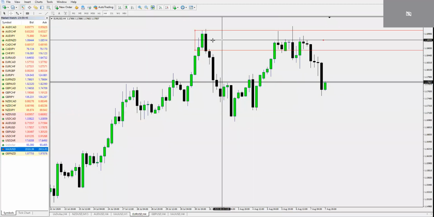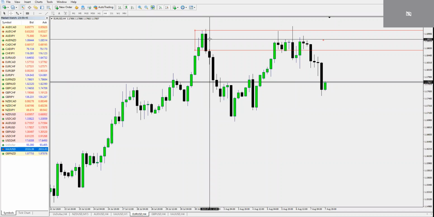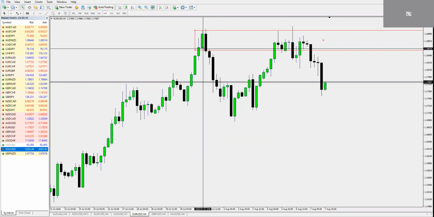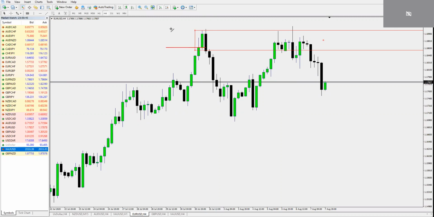But what we train our eyes to see is that when we see a strong bullish or bearish order block created, we want to sell at the bottom of the order block over here, the opening candle, or the 50% of the order block.